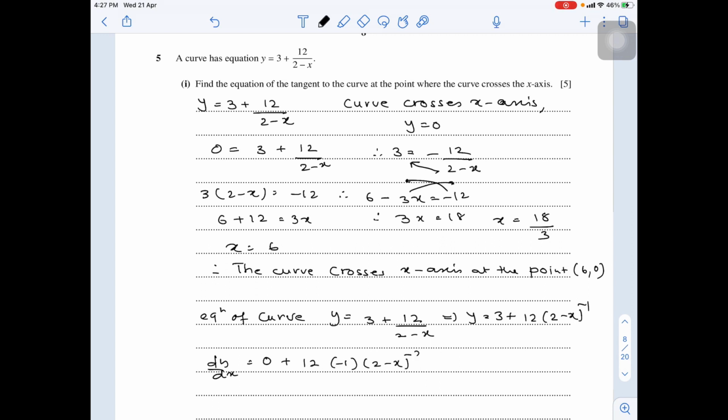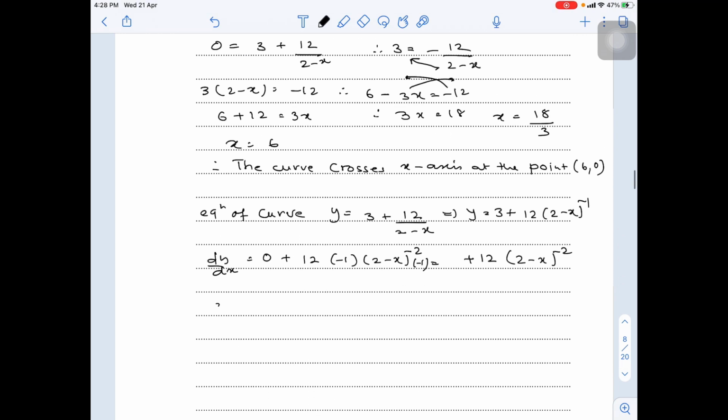So dy over dx is 0, plus 12 times -1 times 2 minus x to the power -2, times -1, because the coefficient of x is also -1. So negative times negative is positive.